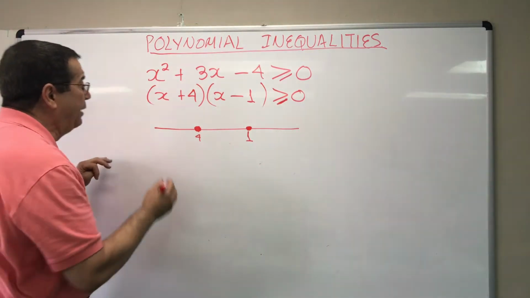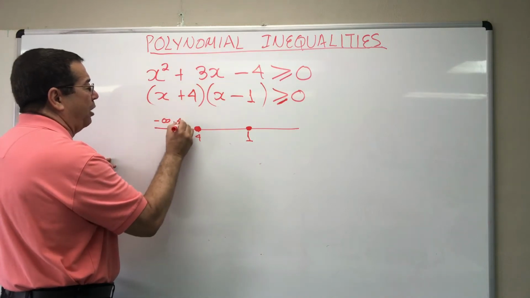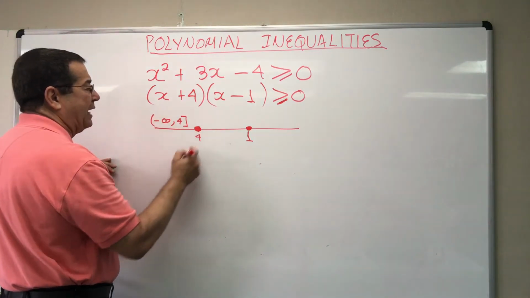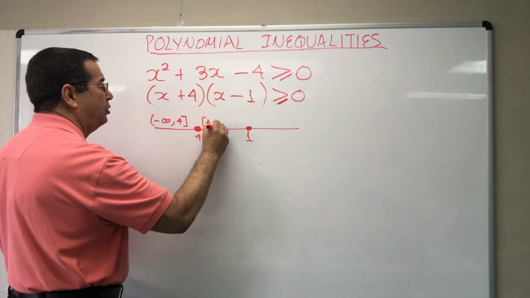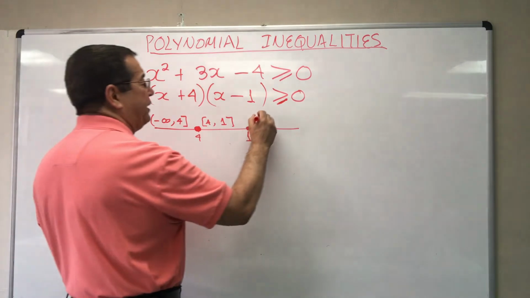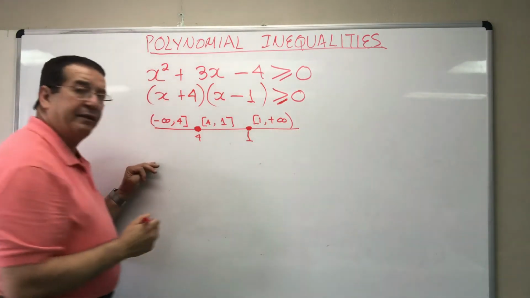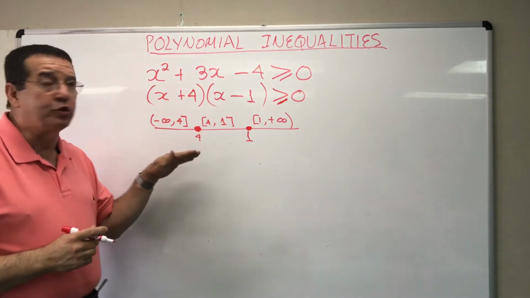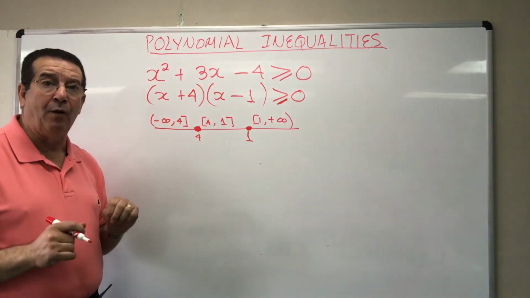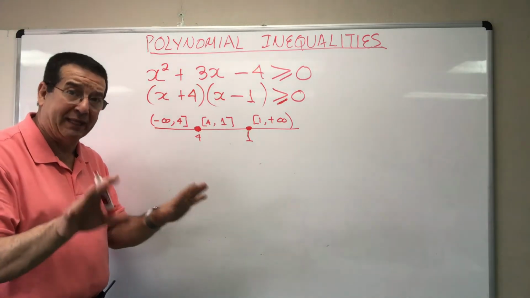Now I have negative infinity to negative 4 closed, then negative 4 to 1, and then 1 to positive infinity. These are the intervals I'm going to use to find the solution. Now you create this table I'm going to do right now. Pay attention.